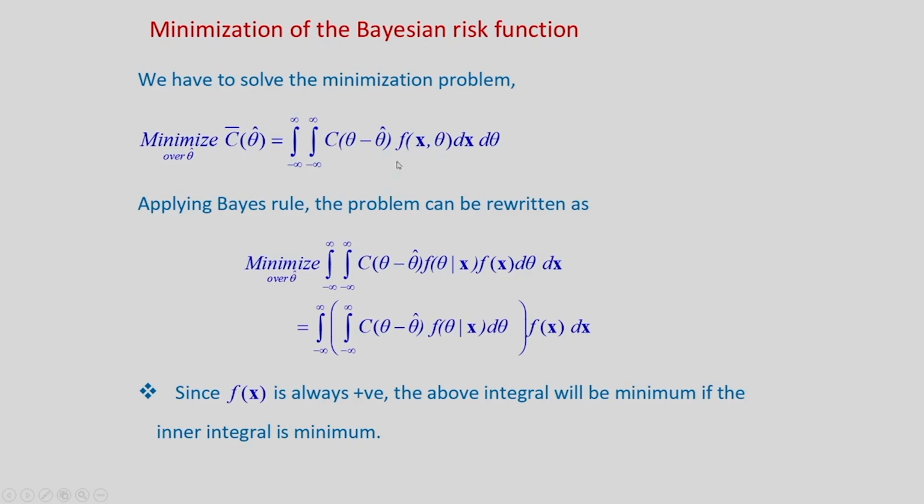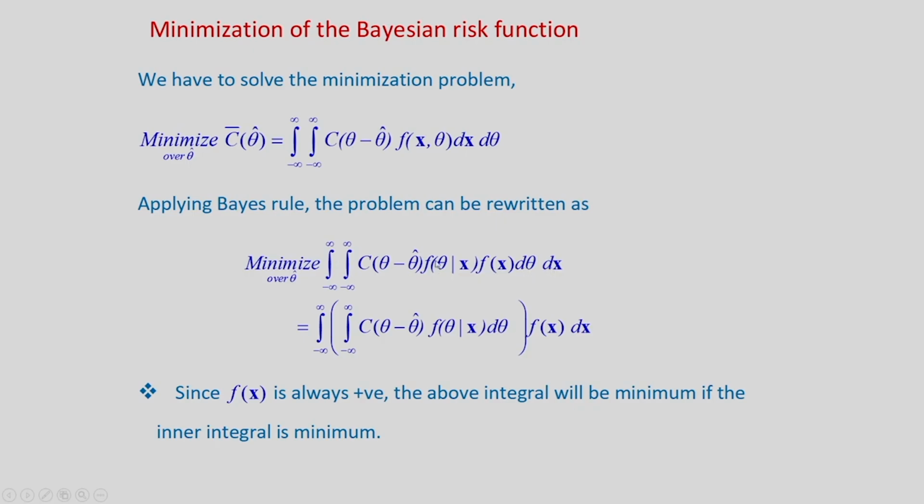So, the minimization problem becomes: minimize over theta hat the integration from minus infinity to infinity of C of theta minus theta hat into f of theta given x, that is the conditional PDF, into f of x d theta dx.